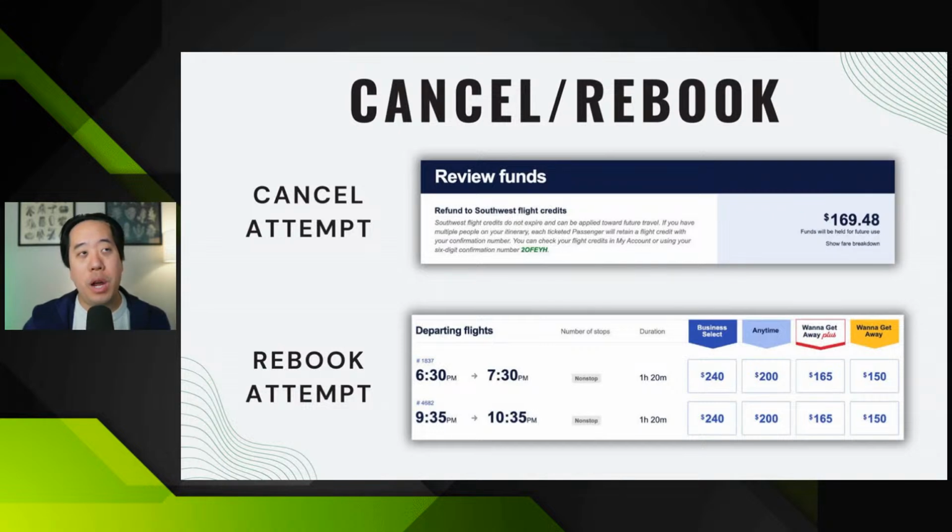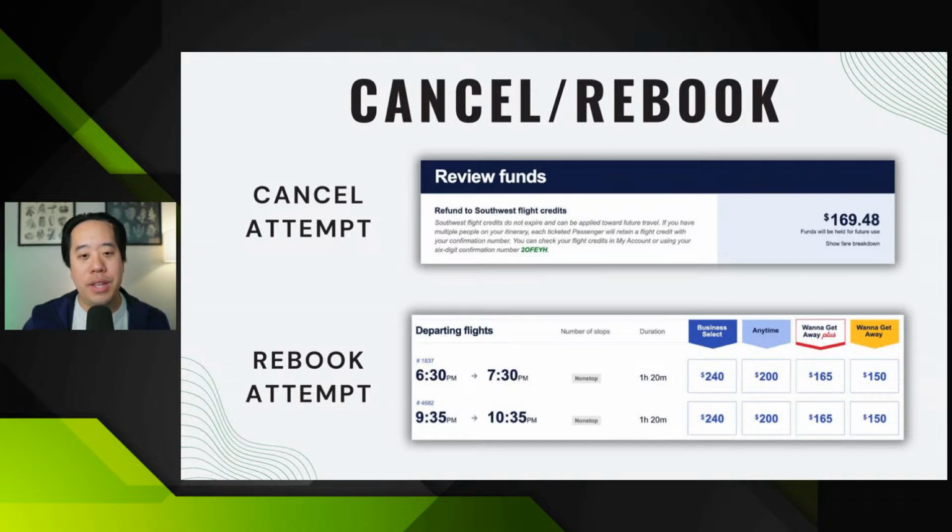What you have to do now with basic fares is a cancel and rebook. Instead of going to change fare, you can cancel the flight. What's nice about Southwest is that when you press cancel, they'll tell you the amount of funds your previous flight was on.